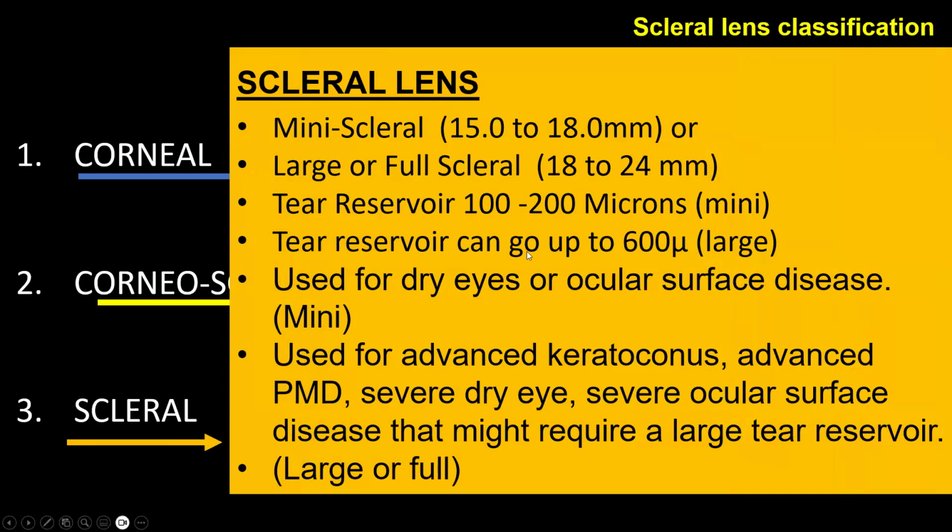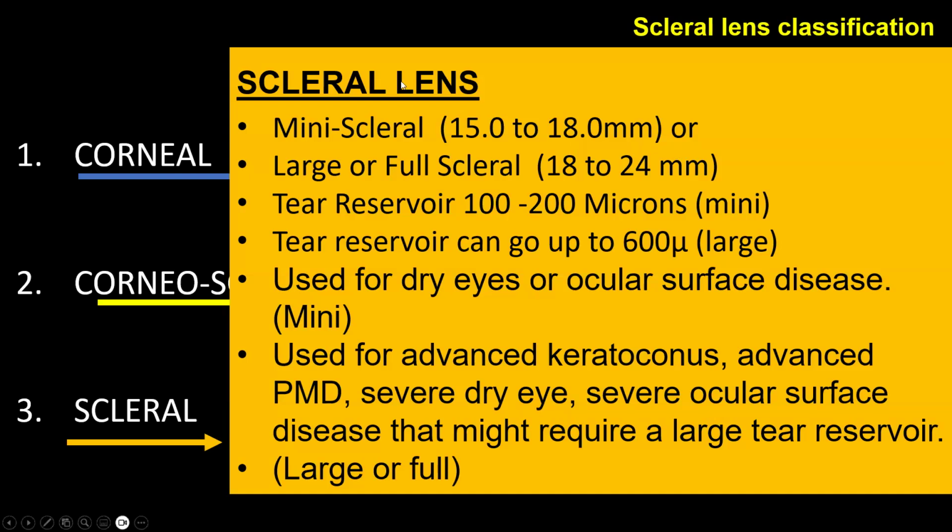In most scleral contact lenses, the diameter is between 15 and 24, based on what you want to achieve and the condition you want to manage. For instance, if you have a patient who has keratoconus and the eye is already bulging, you may have to increase the diameter.